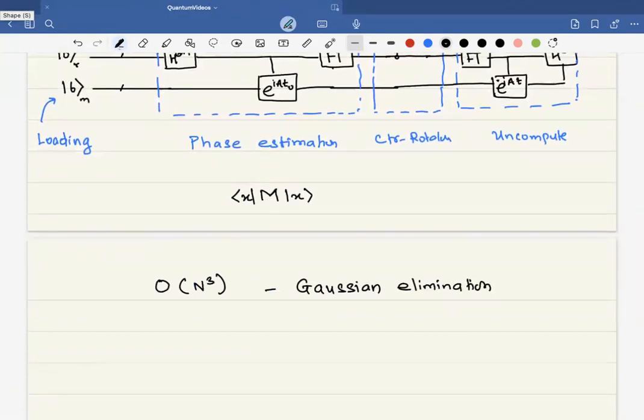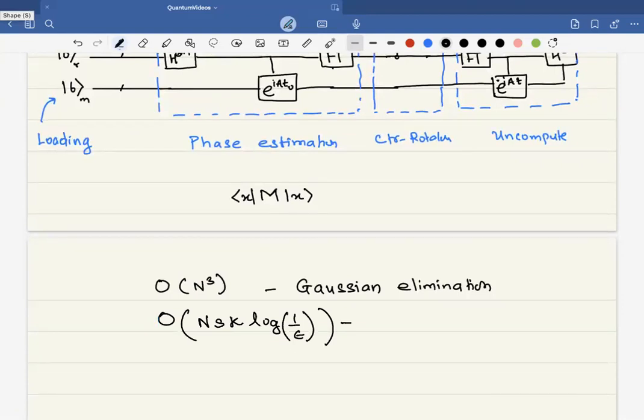For a sparse matrix, there is a method called conjugate gradient, which takes order of n s kappa log of 1 over epsilon, where epsilon is the accuracy with which you find the vector x.